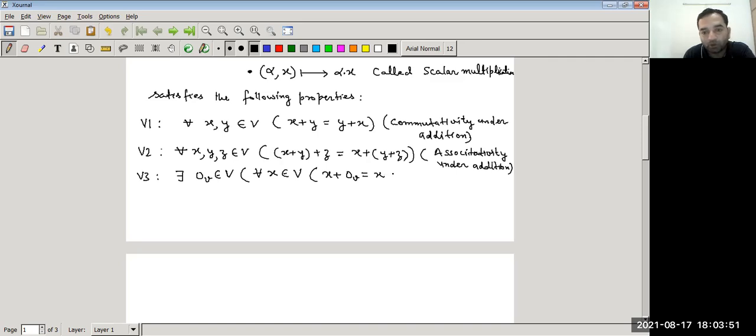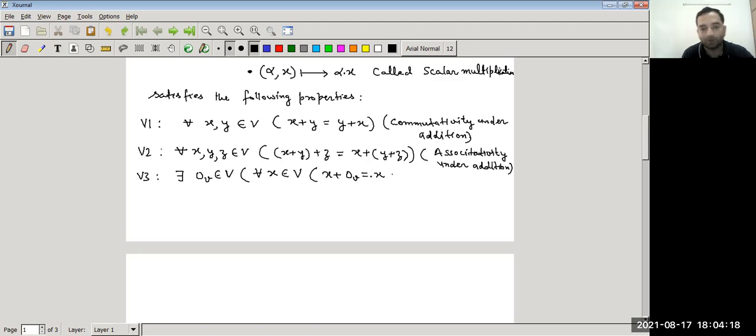Most books also write 0V plus x, but we are not writing this because we have already defined in the first property that they are commutative. If they are commutative, then x plus 0V is also equal to 0V plus x, so we don't repeat the commutative property again and again.